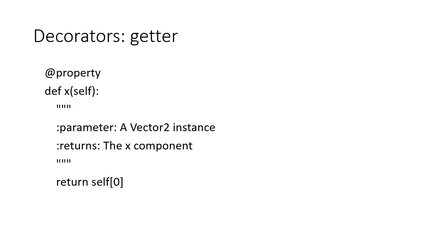coordinate. And so this idea of a property, which we create by putting in a line that says @property right before we begin or define a function. And we can define this function to be called x. We have a vector2 instance, and it's going to return the x component. Well, what is the x component? That is the value that's in position 0.